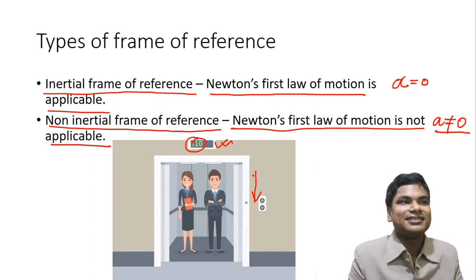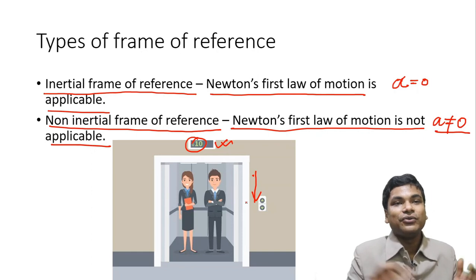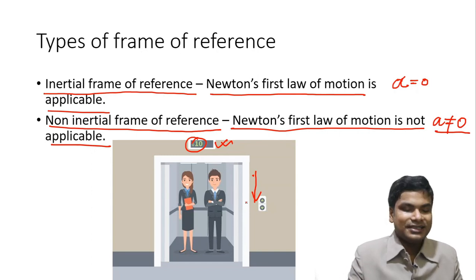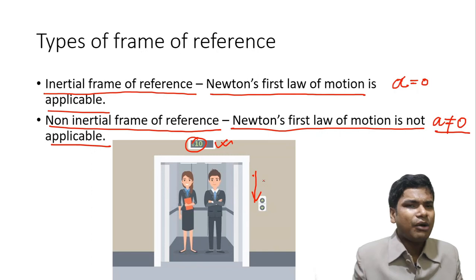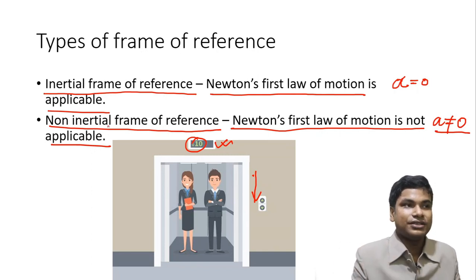The answer is, as the lift is a non-inertial frame of reference, that is why we feel this weightlessness for a few moments. So this is the concept of a non-inertial frame of reference. But in our discussion, we are not going to deal with non-inertial frames of reference first.